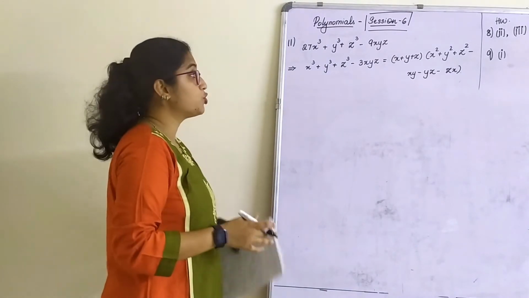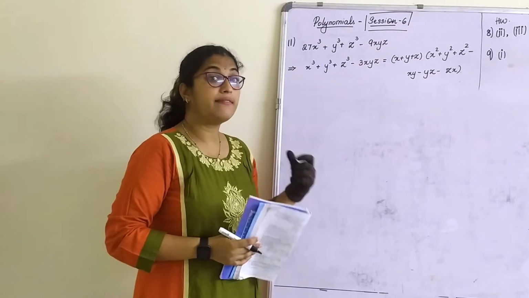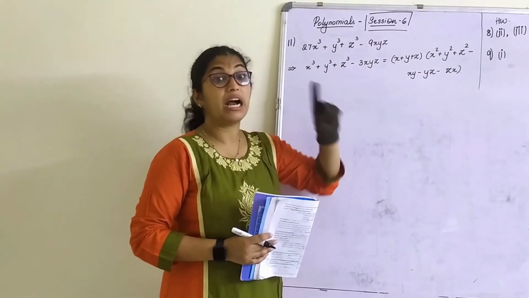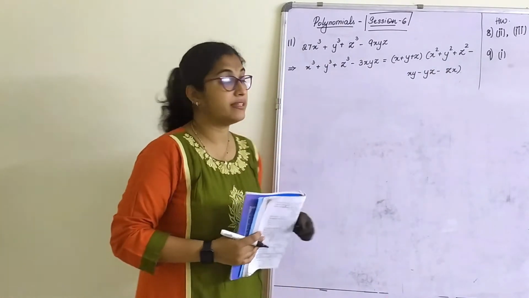Actually, you are not supposed to write any identity half here and half there. Please remember this. Anytime you write it in your book, make sure it comes in one whole line, especially the identity. I have no space, so I have written it like this, but please do not write it.